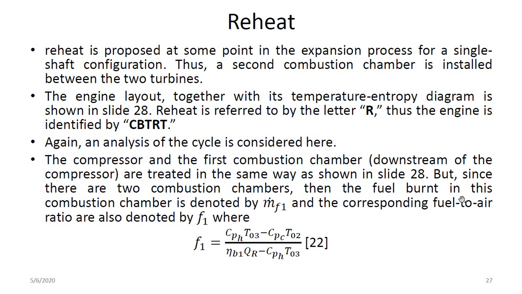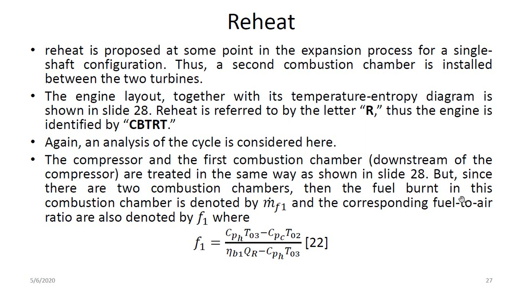And you can do a thermodynamic analysis. Here you have two fuel-air ratios. F1 is the first fuel-air ratio in the first combustion chamber, or the main burner, and it's given by equation 22.